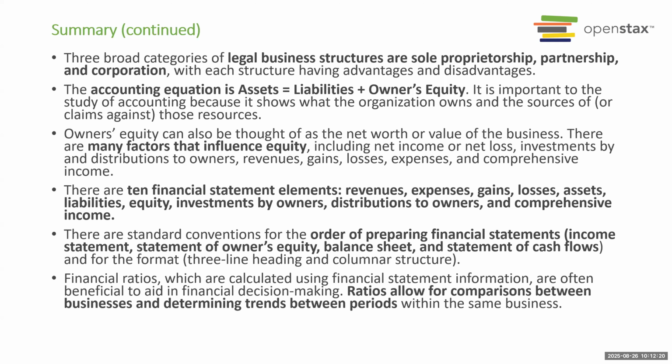There are 10 financial statement elements: revenues, expenses, gains, losses, assets, liabilities, equity, investments by owner, distributions by owner, and comprehensive income. And there is a standard order for preparing financial statements: income statement, statement of owner's equity, balance sheet, statement of cash flows, in that order.